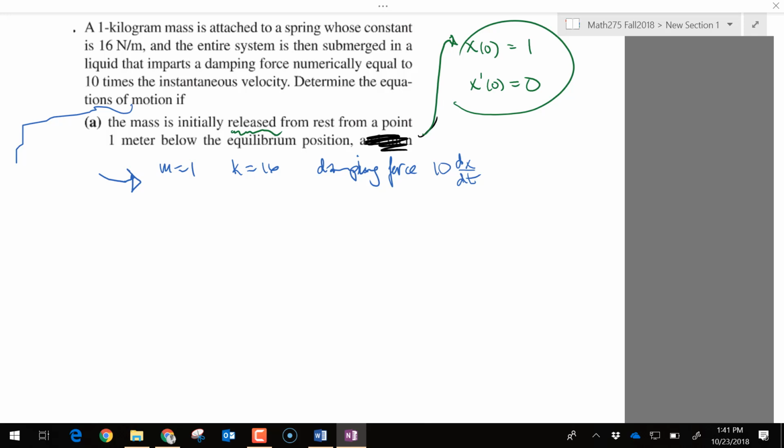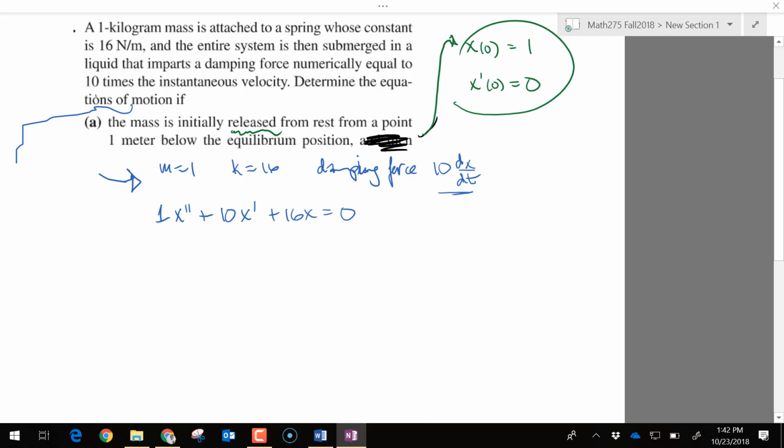Well, it says numerically equal to 10 times the instantaneous velocity, so I don't think that would be 0. I think it would be 10 times dx dt. And so it's a force that they're measuring it as a force, so we could just add that as part of our differential equation. So then we have 1 times x double prime, and here's our damping force, 10 x prime, and then here's our constant k, our spring constant, and that's equal to 0.